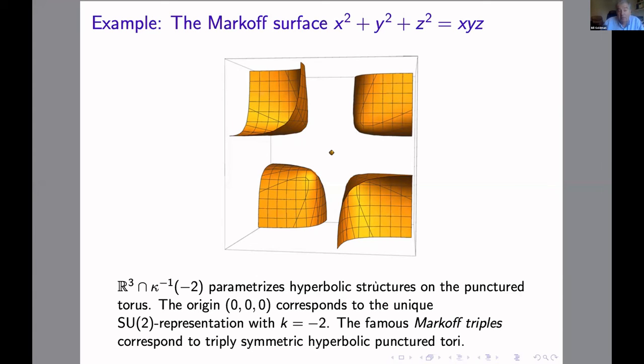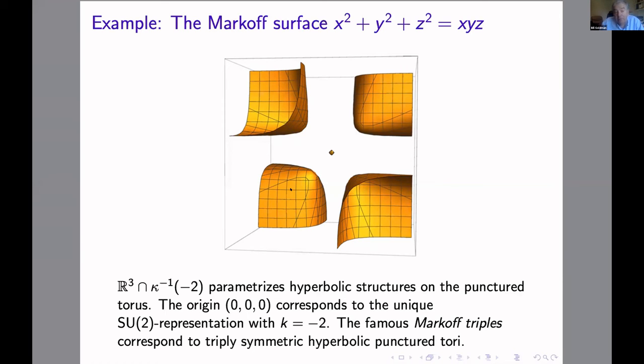So as I mentioned, the representations, the equivalence classes, the character variety, the GIT quotient, the real points correspond to representations in the two real forms. You have the origin, which is the SU2 representation, and then SL2R representations comprising these four components.